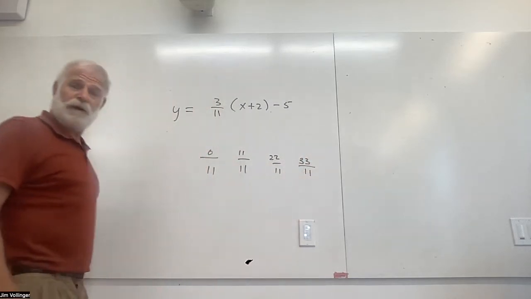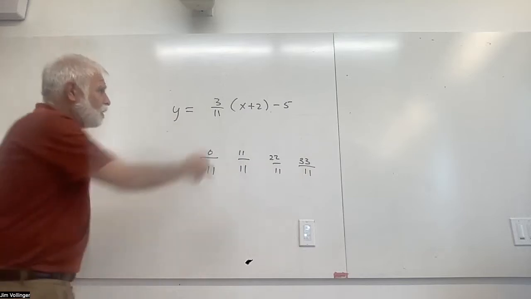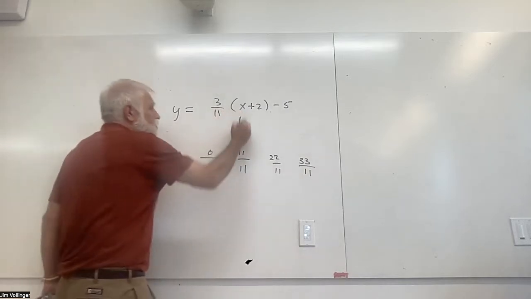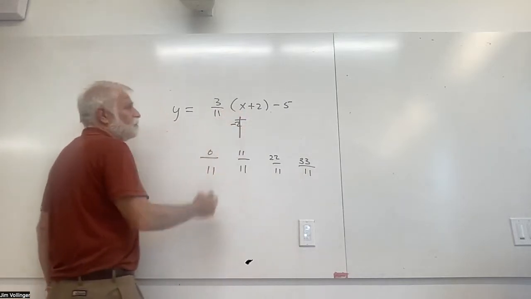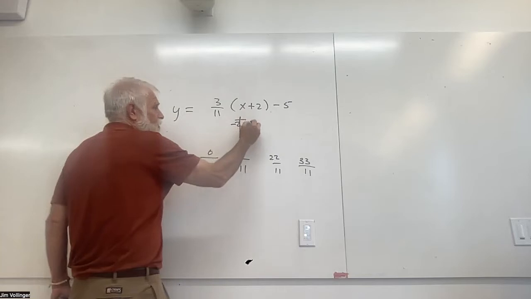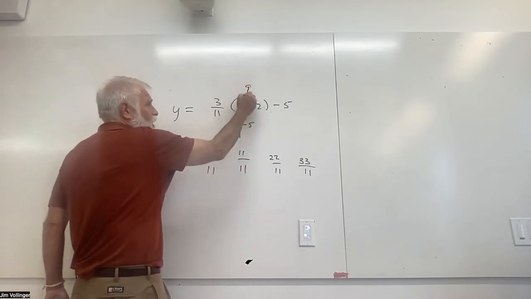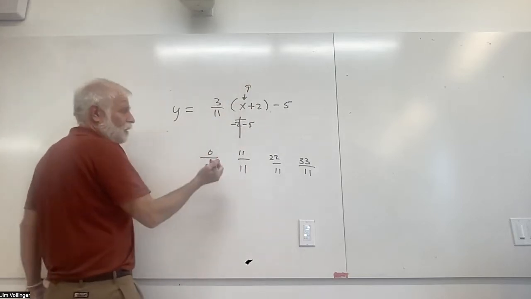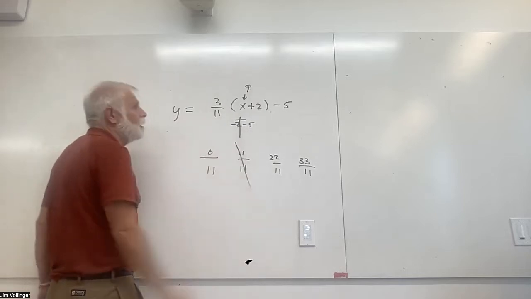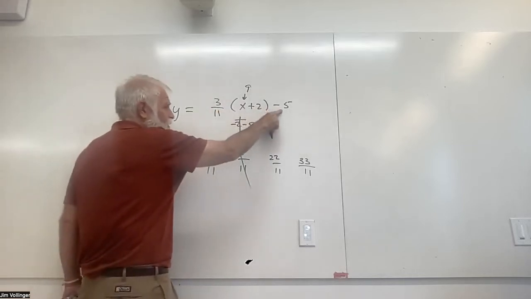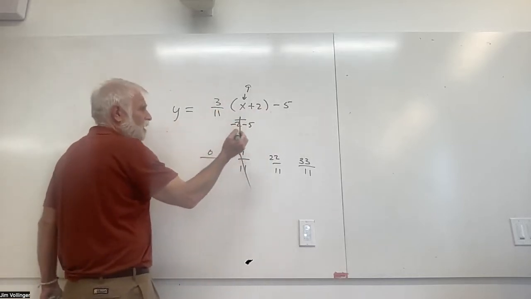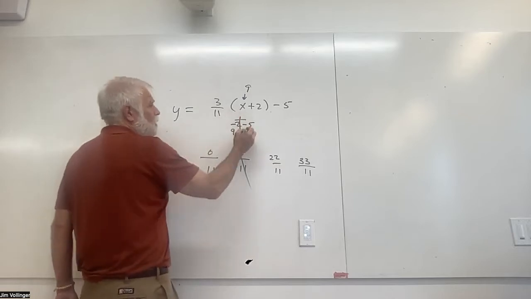Because those would be user-friendly and you don't have to think. So what makes the 0 here? Sure looks like -2. So -2 is going to get us -5. What makes 11 out of this parentheses? I guess you want to put a 9 in here, right? Because if I put a 9 in here, I get 11 divided by 11, which cancels, and I get 3 minus 5, which is -2.